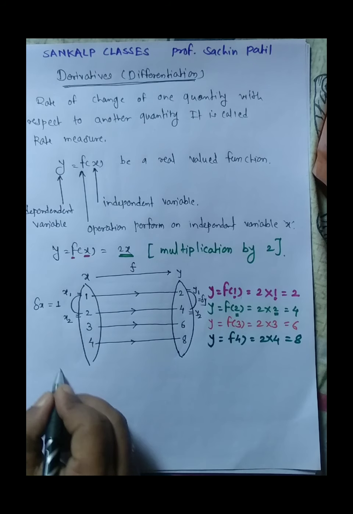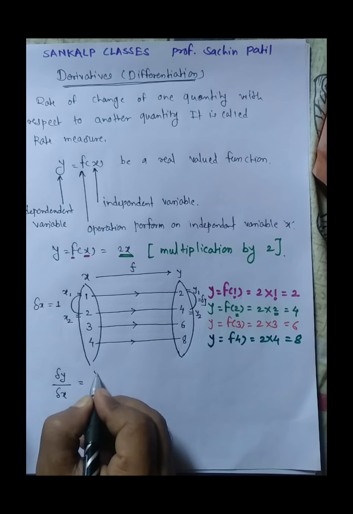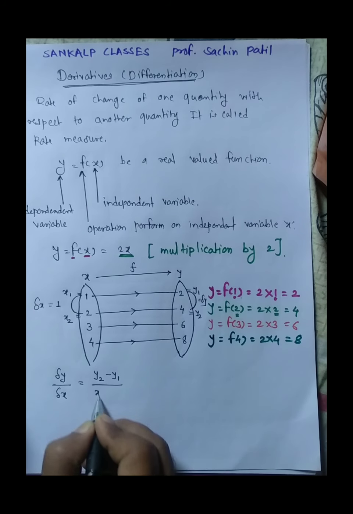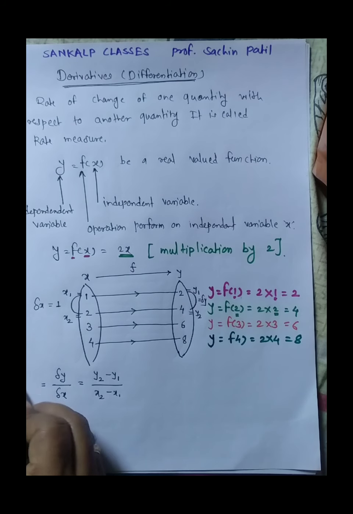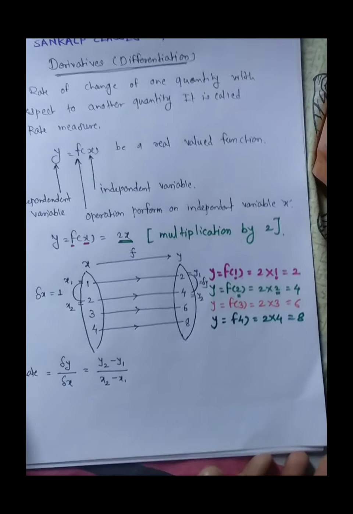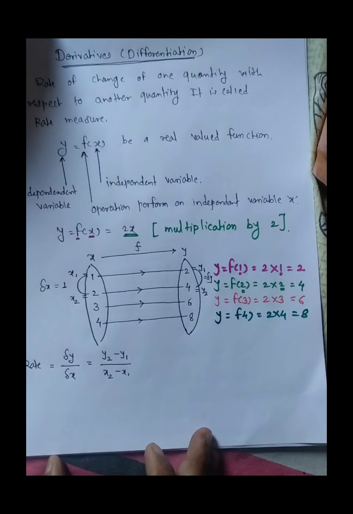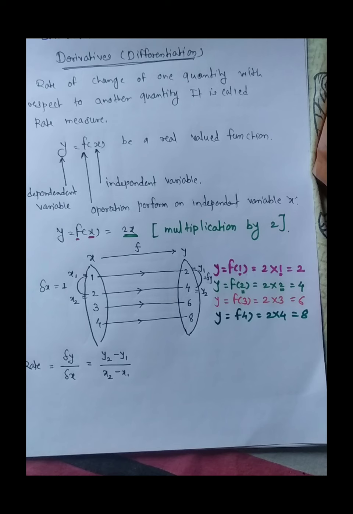That means delta y is a related change with respect to delta x. It is given as y2 minus y1 divided by x2 minus x1, and this is nothing but a rate. This is the rate which is calculated by using delta y divided by delta x, that is y2 minus y1 divided by x2 minus x1.